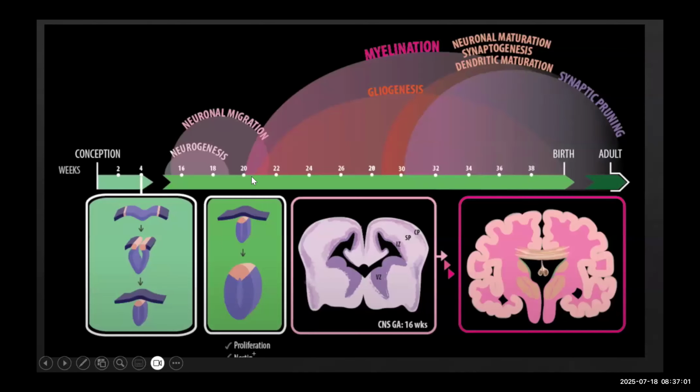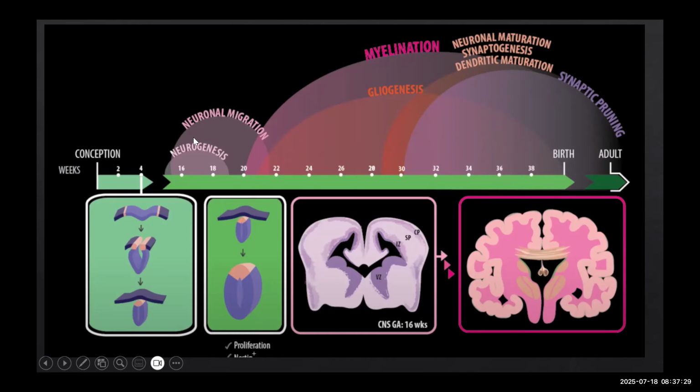The next phase is neuronal organization. This is quite a big phase which consists of multiple things happening, like gliogenesis, myelination, neuronal maturation, synaptogenesis, dendritic maturation, and synaptic pruning. Synaptic pruning is nothing but apoptosis of abnormally formed synaptic junctions, and this continues till adolescence or early adulthood.